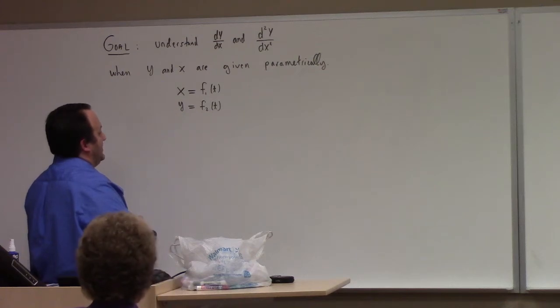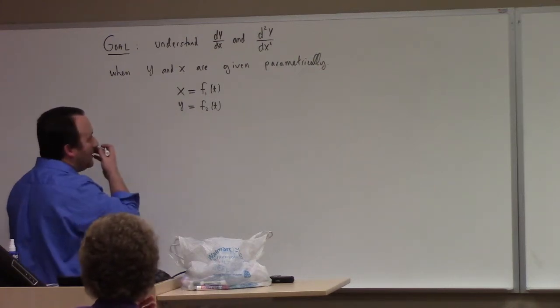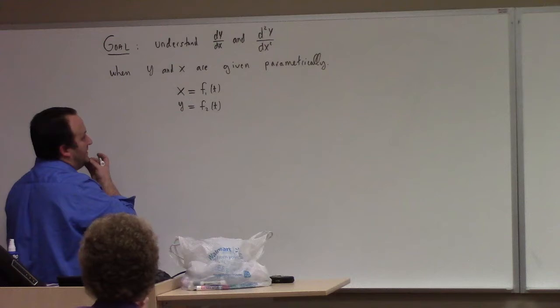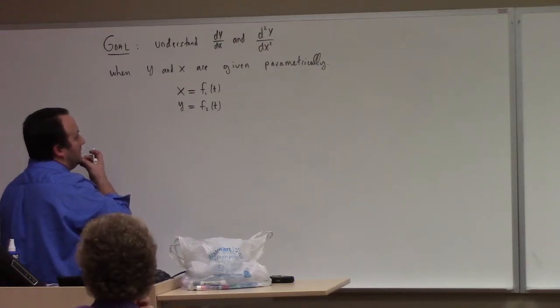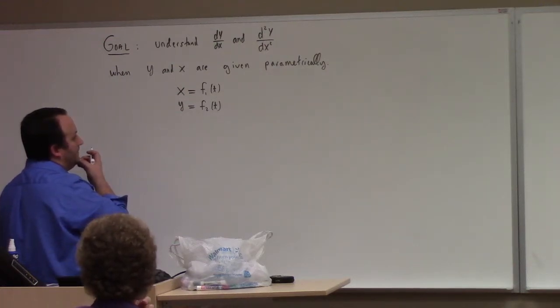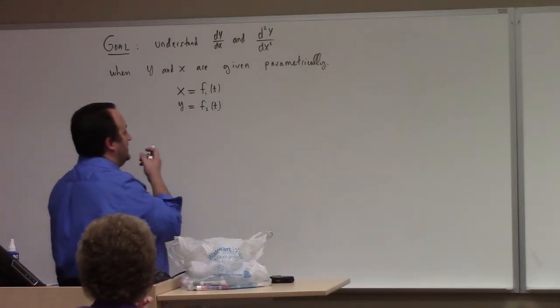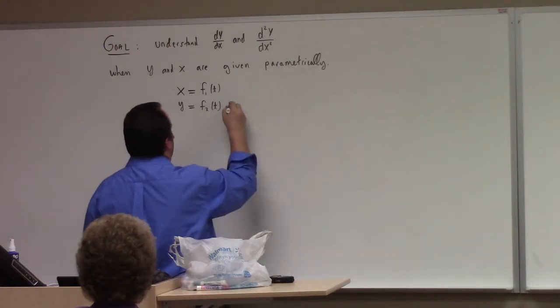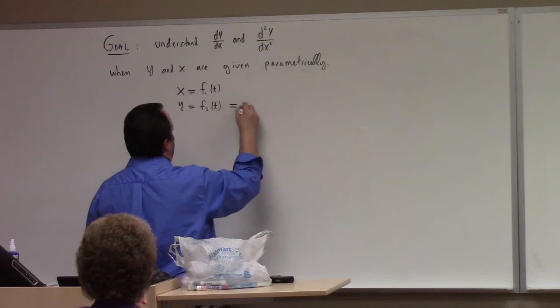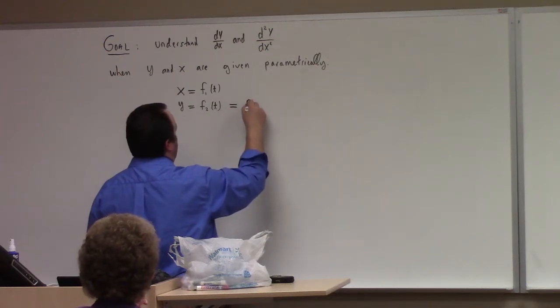So in this context, how would we understand, let's see here. Well, if this was also equal to, suppose this was also equal to g of x.